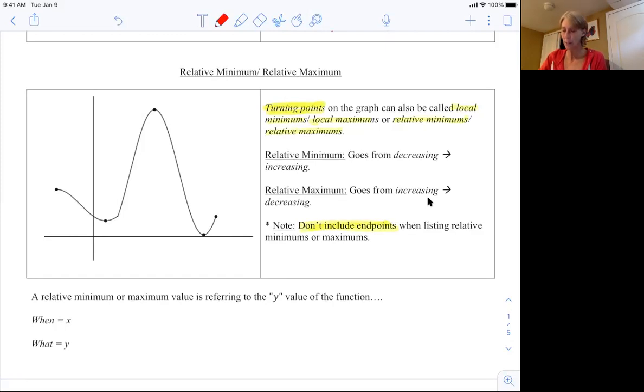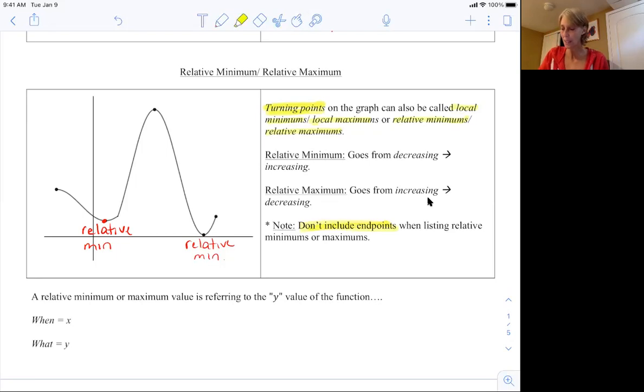So on this graph here, this point here would be a relative or a local min, so expect to see either word. This would also be a relative min. So you can have more than one relative min on a graph, because when we're describing relative mins, we're talking about in relation to what's around it.